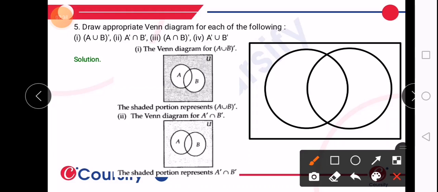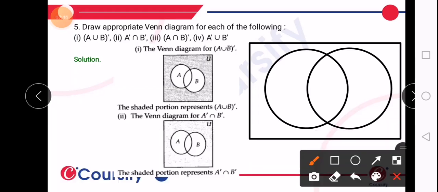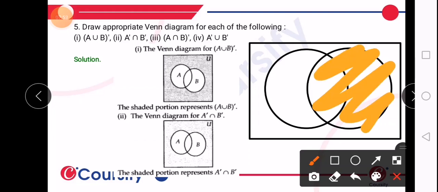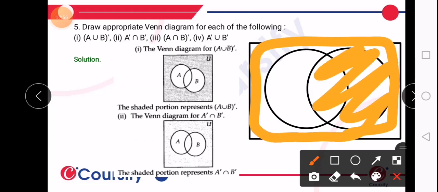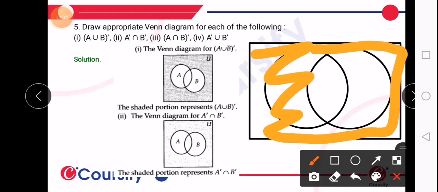Now A complement is anything except A, which means all the portion that is not A, it can be B, and the whole of the universal set is A complement. And B complement is every portion except B, that is A and the whole of the universal set, that is B complement.